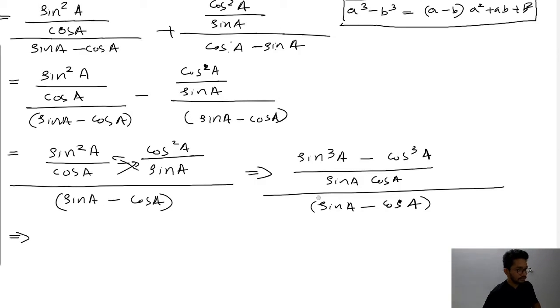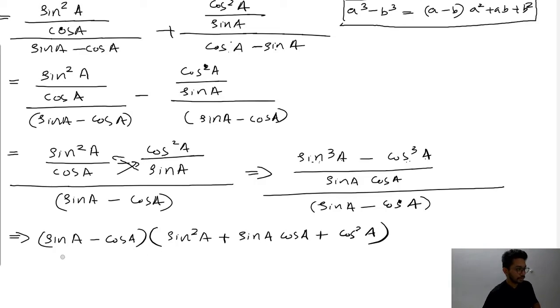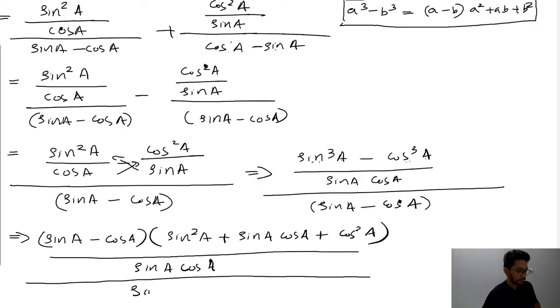So we can write sine cube A minus cos cube A as sine A minus cos A into sine square A plus sine A cos A plus cos square A, whole divided by sine A cos A, whole divided by sine A minus cos A. Now we have sine A minus cos A in both, so we can cancel them.